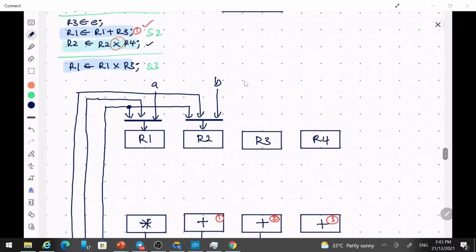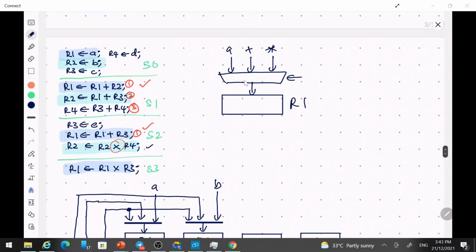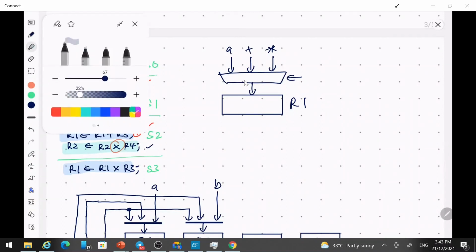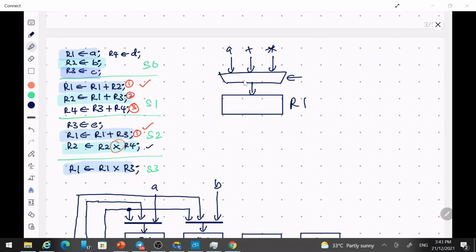What about R3? Again, we need to look at R3: we have C and E, and there is no other.